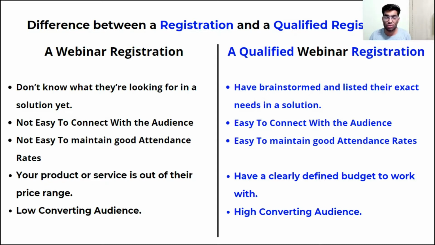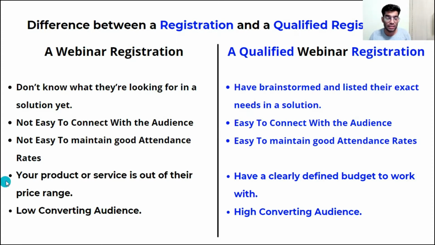And when they do show up, they don't stay till the end of the webinar, which is a very important thing for a business hosting a webinar, because at the end you will be pitching your offer and making sales. But if they leave earlier you won't be able to make any sales. So it's one of the biggest disadvantages of using a normal webinar registration funnel.